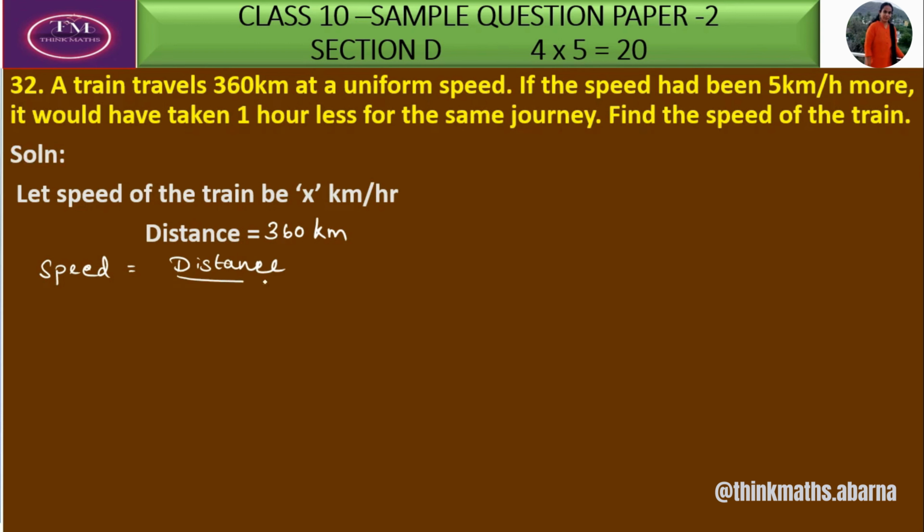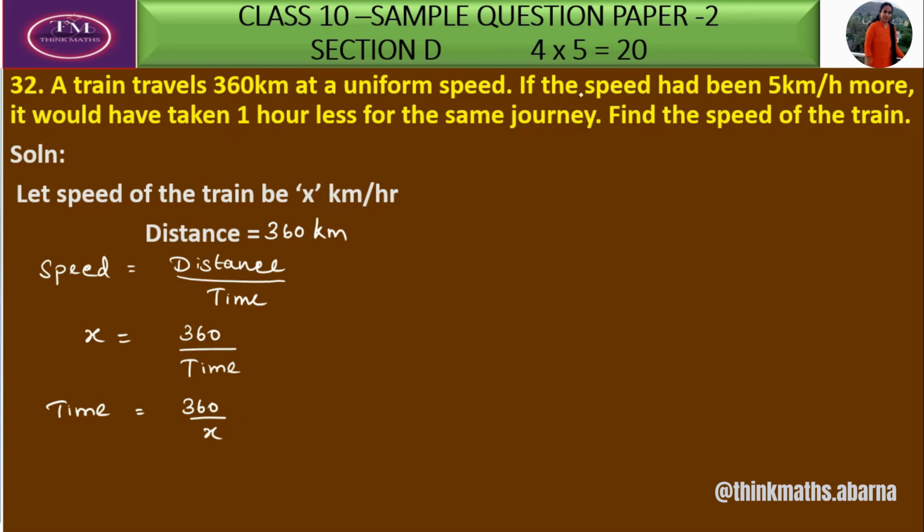From this we can find the time. The speed we assumed is x, so x equals 360 divided by time. Cross multiplying, time goes here and x comes down. So time is equal to 360 divided by x. Time taken is 360 by x.